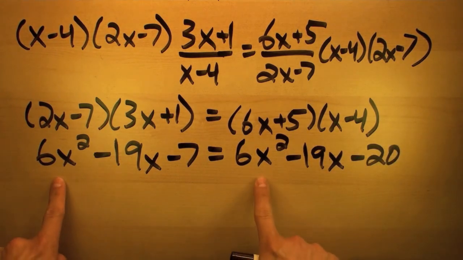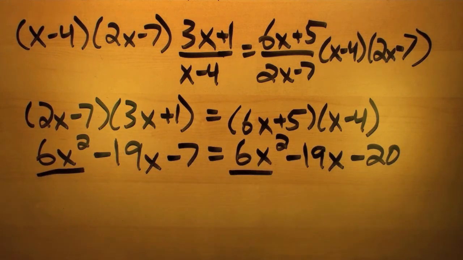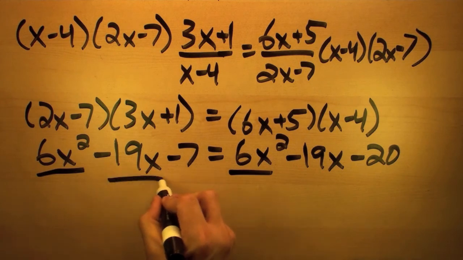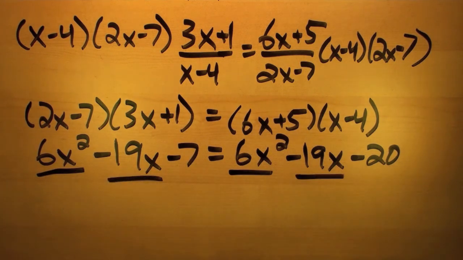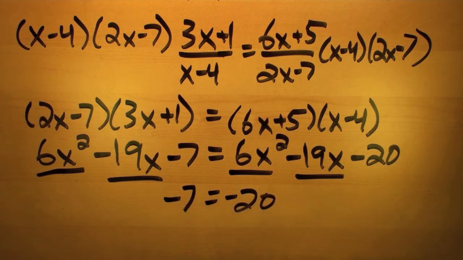And we see that we can subtract 6x squared from both sides of the equation, and we can add 19x to both sides of the equation. All four of those terms cancel, leaving us negative 7 equals negative 20. We now have an equation with no variables in it, and two numbers that are not equal to each other, so this equation is false, so we are left with no solution.